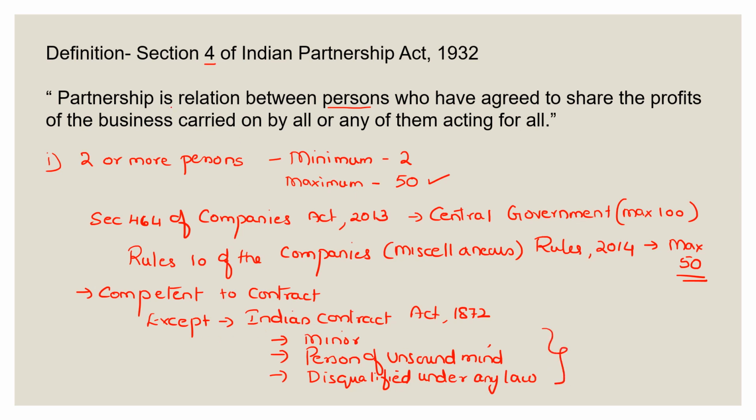And basically here in partnership, there is going to be an agreement, and a person who cannot enter into contract cannot become a partner. Therefore, these people also cannot become a partner.